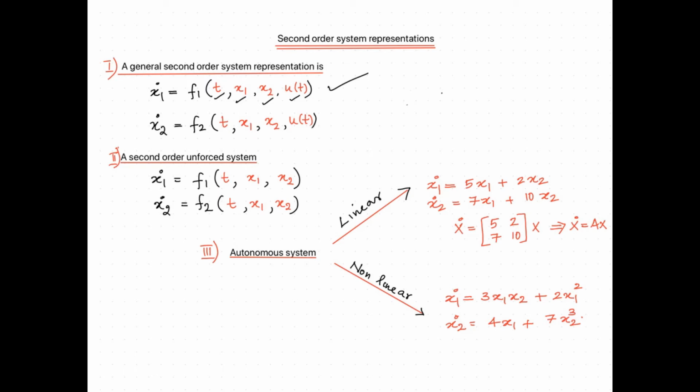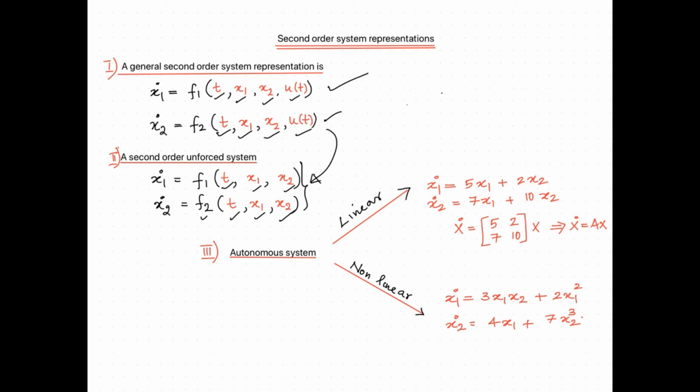Similarly, x2 dot would be another function f2 of time, x1, x2 and u of t. Suppose that the input function is not present, that is, a forcing function is not present. Then these equations would reduce to x1 dot is equal to f1 of t, x1, x2 and f2 of t, x1, x2. This means that the input function is not present.